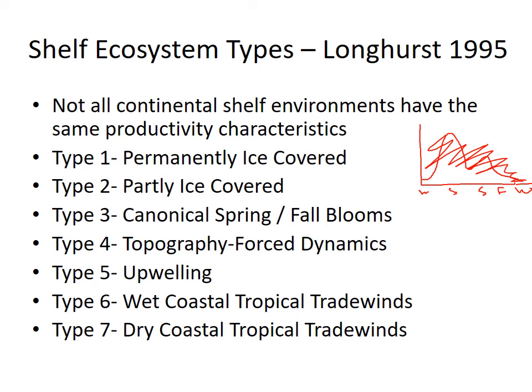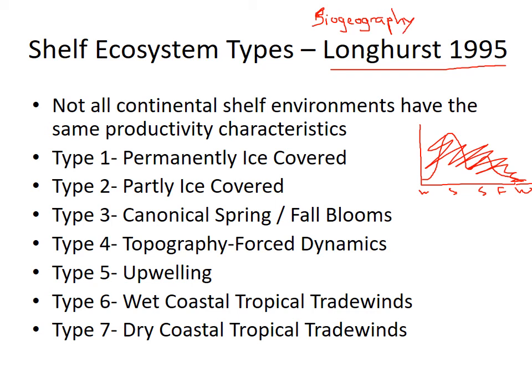And this scientist Longhurst, who's a biogeographer, remember biogeography means life earth mapping, where you're mapping the patterns and trends of life across the earth and how it varies from place to place.